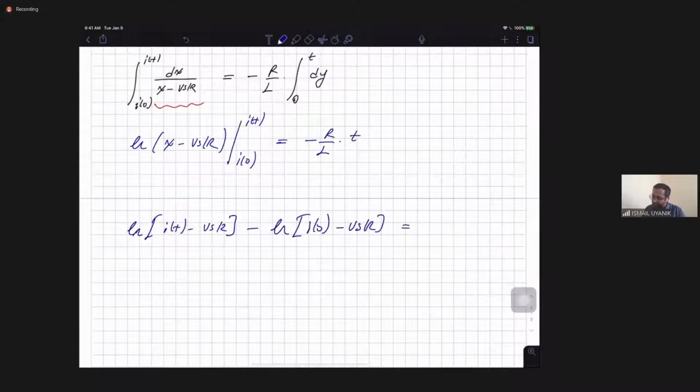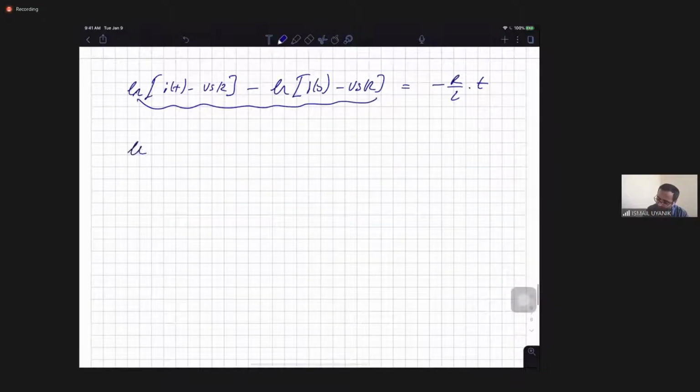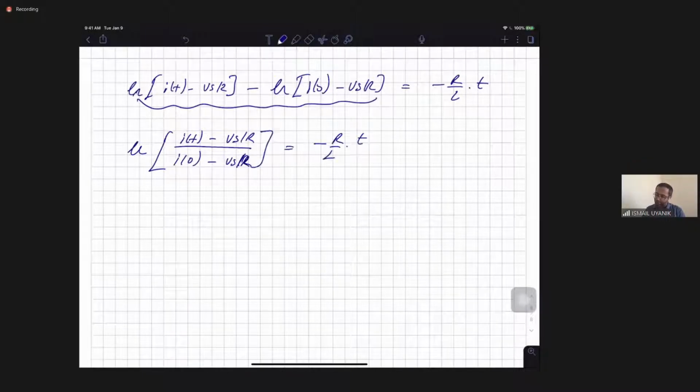Now I can combine these ln subtractions, which will be something like ln of the ratio. We are basically repeating very similar things. Now I can take exponentials of both sides so that I can get rid of this ln here. So the left-hand side will be I(t) minus Vs over R divided by I0 minus Vs over R, which is equal to e to the minus R over L times t.